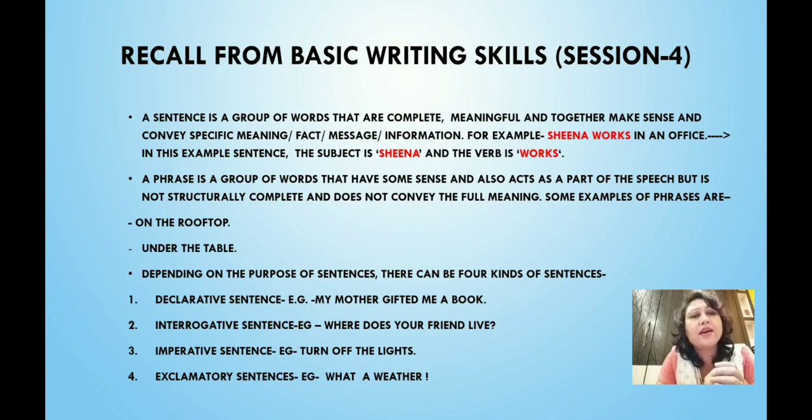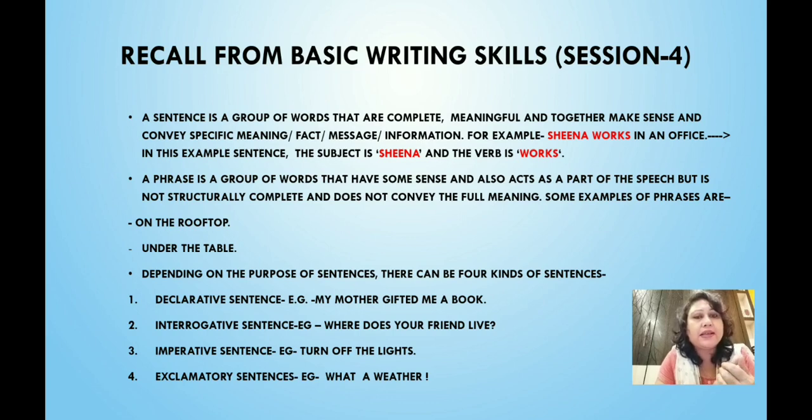Then next we learned that depending on the purpose of sentences, there can be 4 kinds of sentence. First one is a declarative sentence, which ends with a period, for example, my mother gifted me a book. Then next we had the interrogative sentence, which ends with a question mark and always asks a question. For example, where does your friend live?